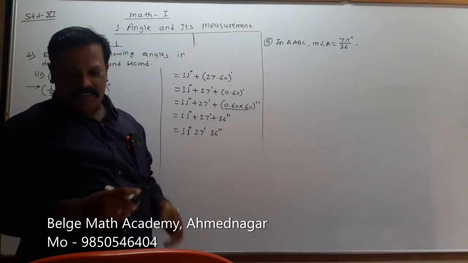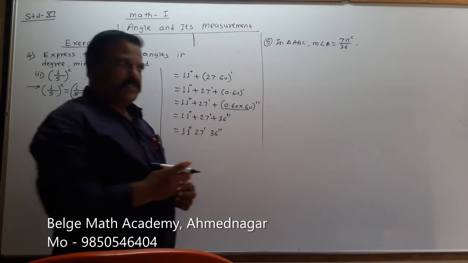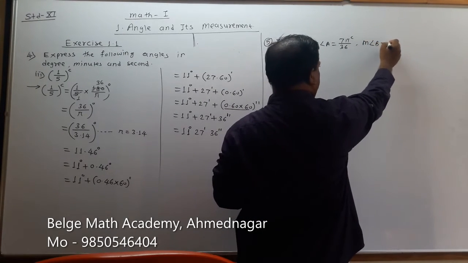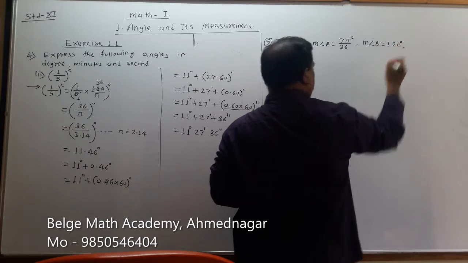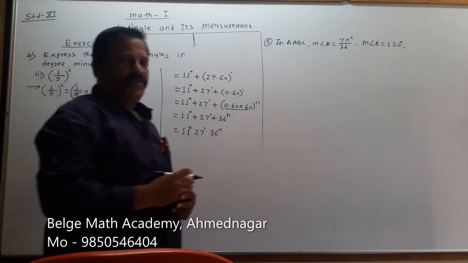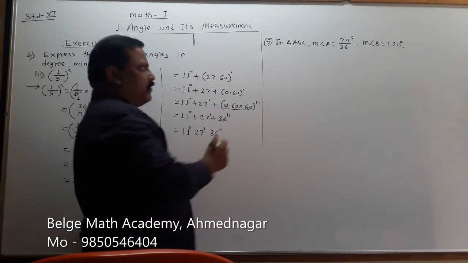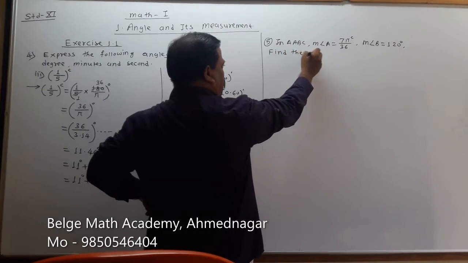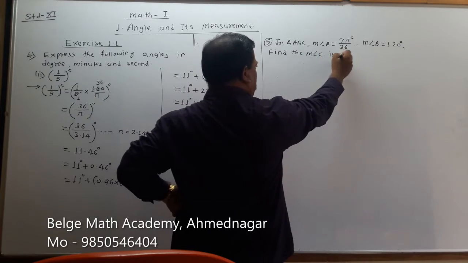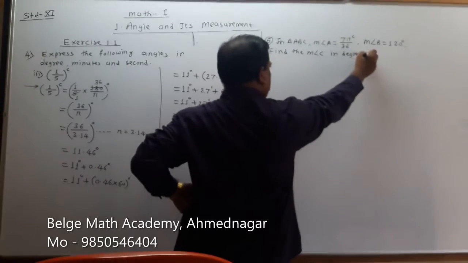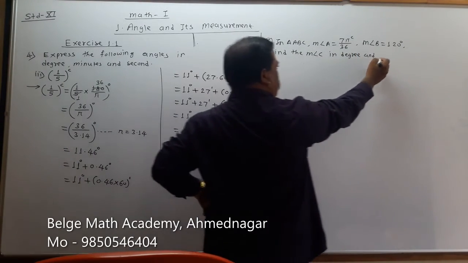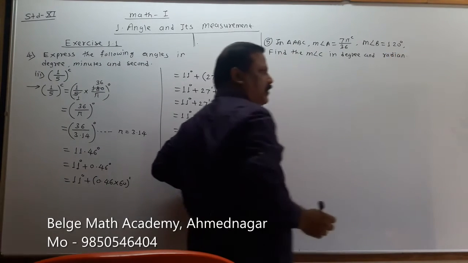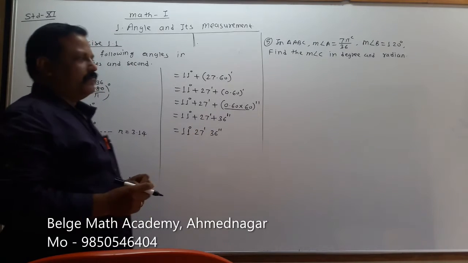The measurement of angle B is 120 degree. The question is to find the measurement of angle C in degree and radian.